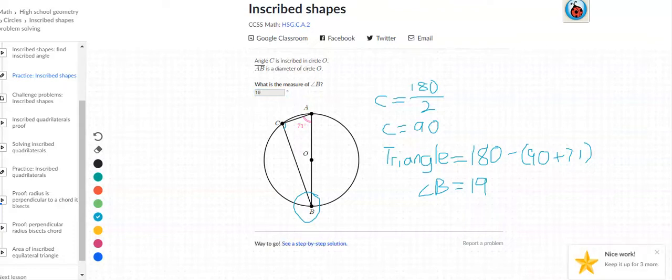Okay. So these just have a few more steps. We're moving through a few things, and again, you can click on see that step-by-step solution if you would like to see it worked out afterwards.